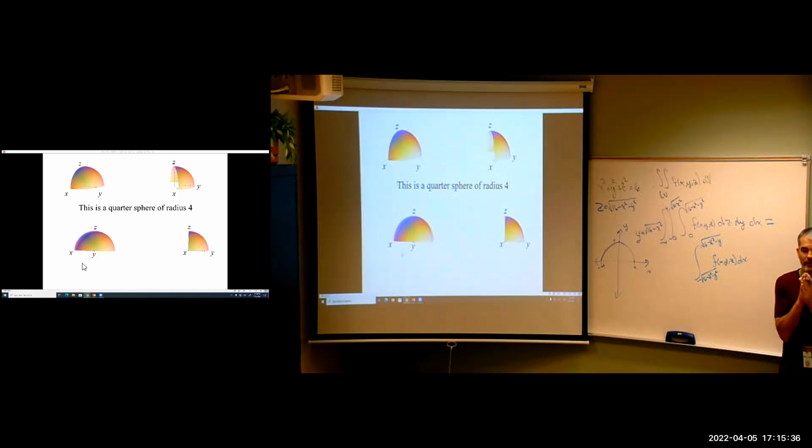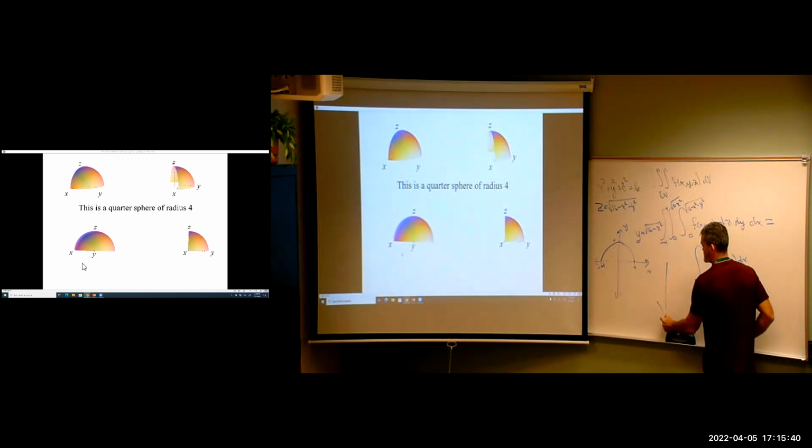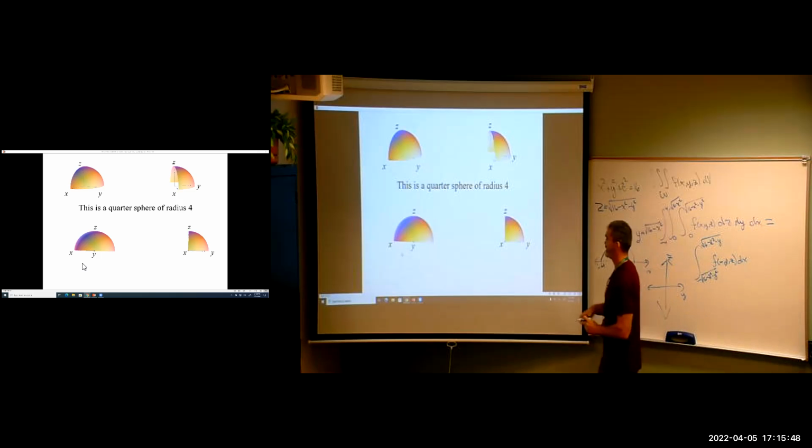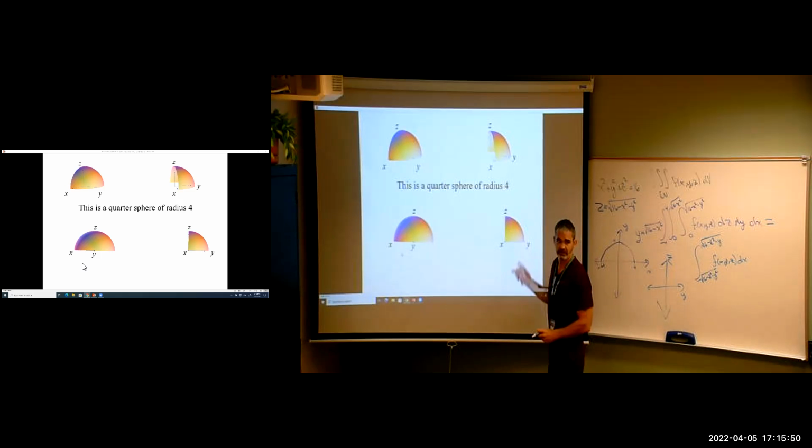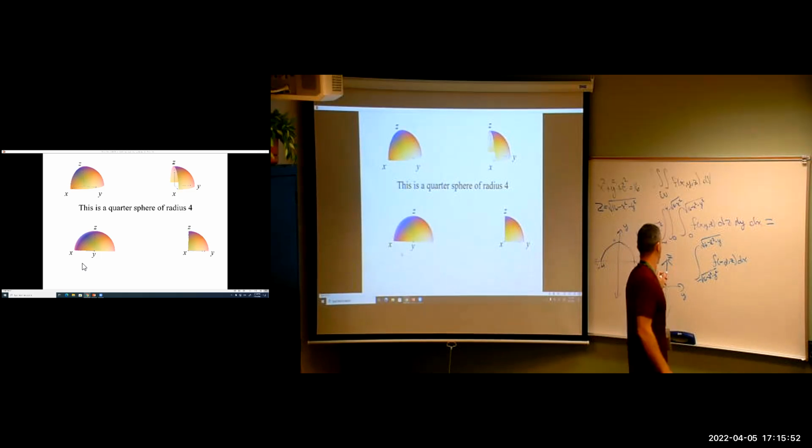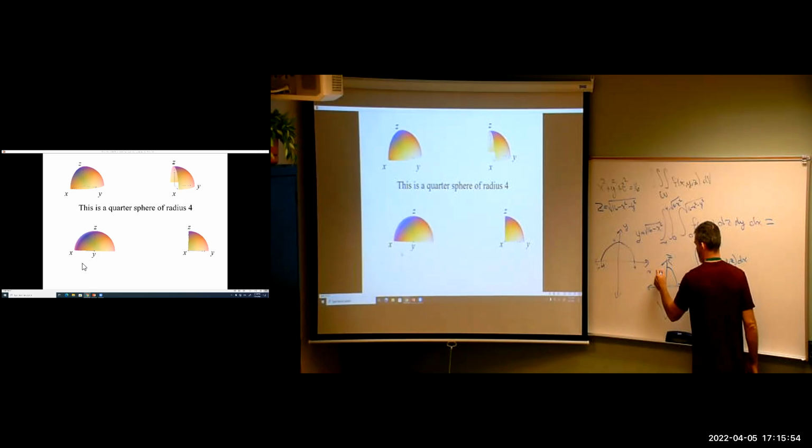Now it flattens into the YZ plane. It doesn't matter which one you put on top, it's up to you. Maybe Z is there, Y is here. I've got my YZ plane right here. It's the quarter circle, still with a radius of 4.